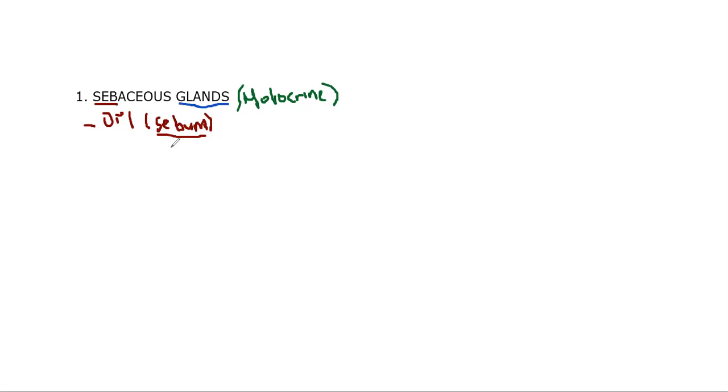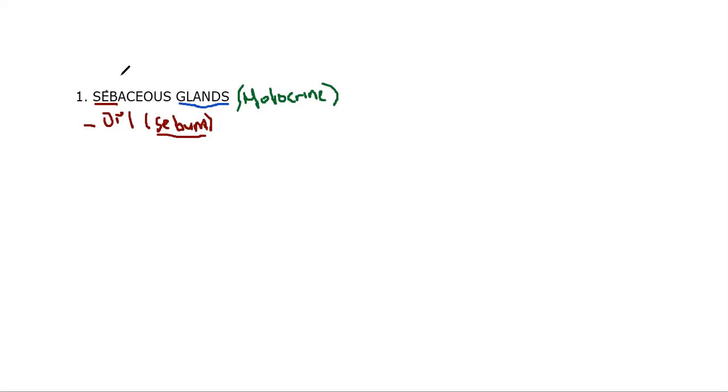This is simple. When we think about oil, what is the one thing you can think about in your body that has oil or sebum? Something that is common, something that you get during puberty. Pimples. Pimples, awesome.